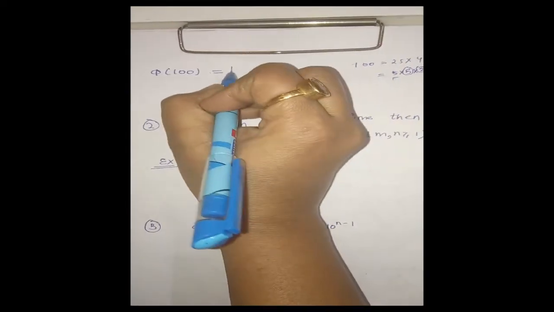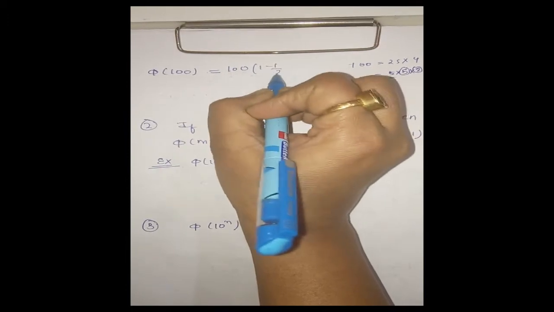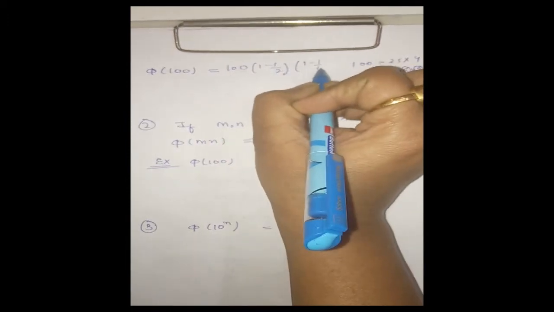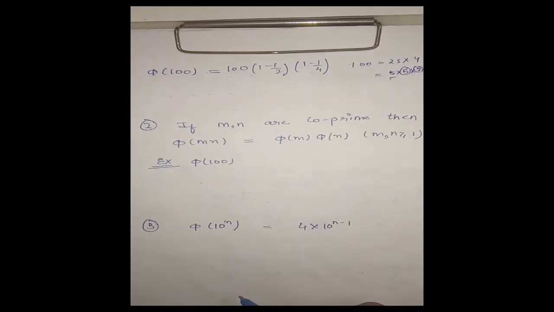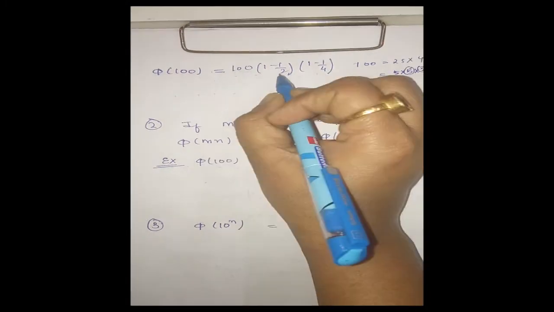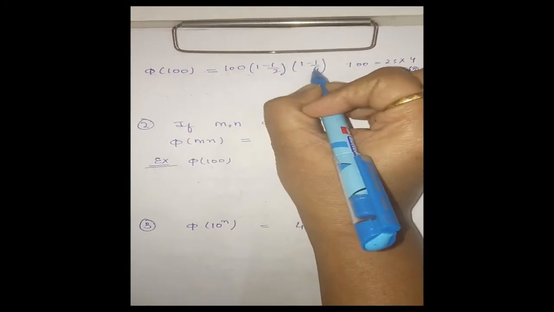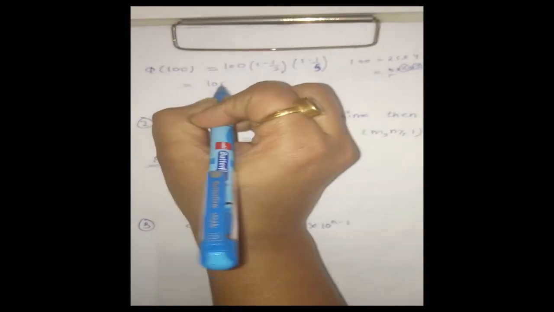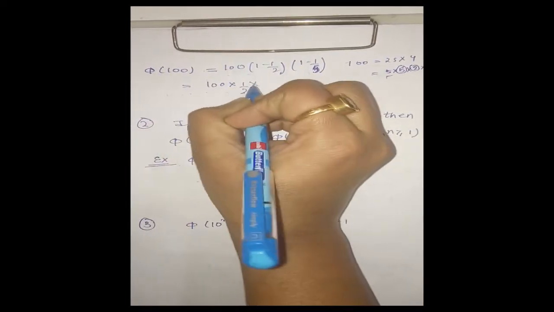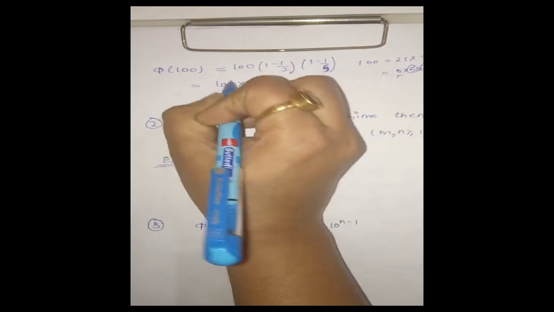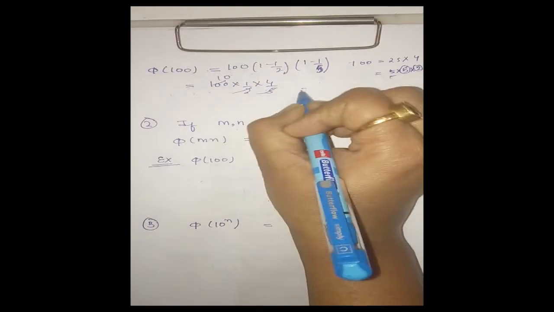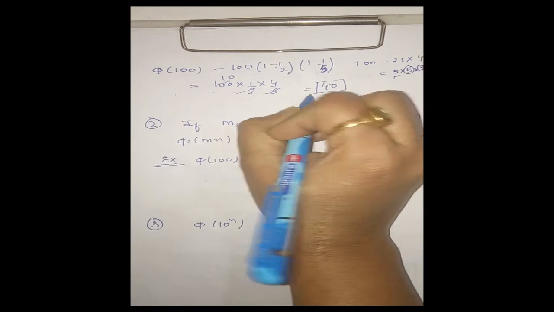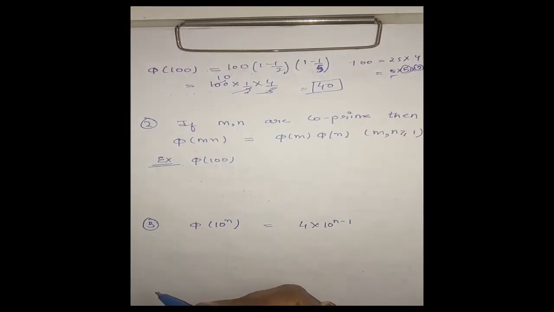That means using this formula, phi of 100 is 100 into 1 minus 1 by 2 into 1 minus 1 by 5, not 4. Okay, now this is equal to 100 into 1 by 2 into 4 by 5, which is 40. Means phi of 100 is 40. Clear?